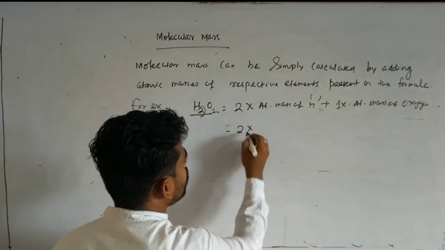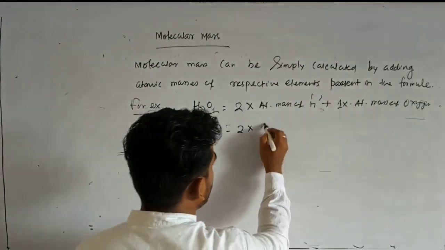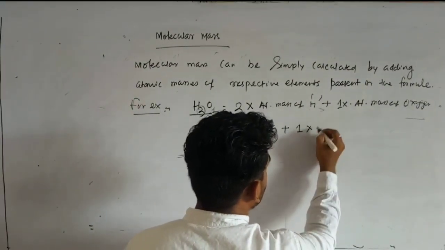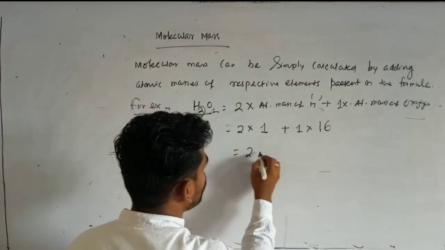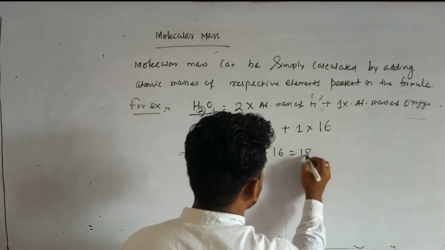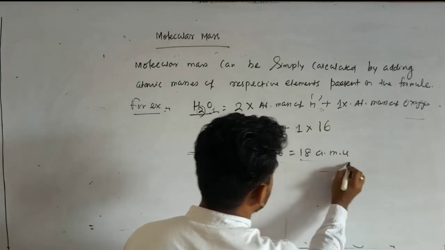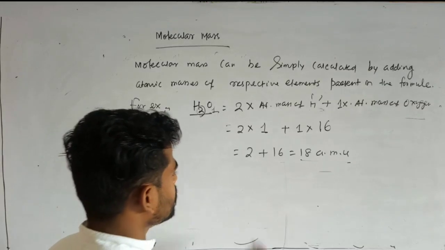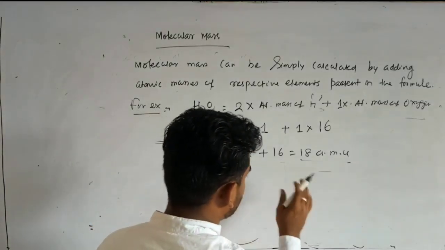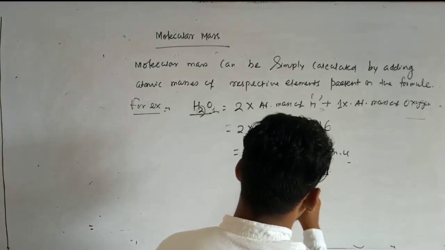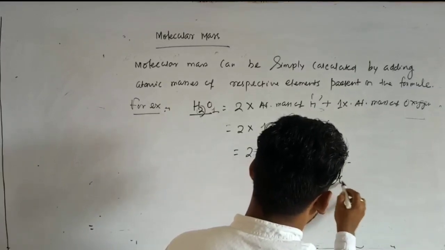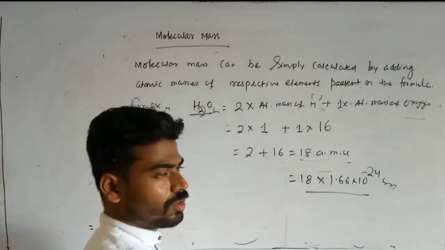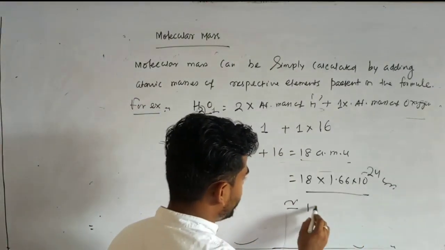Okay, so 2 into the atomic mass of hydrogen, which is 1, plus 1 into the atomic mass of oxygen. So 2 plus 16 that is equal to 18 AMU. Okay, if I ask you the gram molecular mass, then the mass of a single molecule of water will be equal to 18 into 1.66 into 10 to the power minus 24 gram exactly. Okay, so that will be equal to 18 gram.